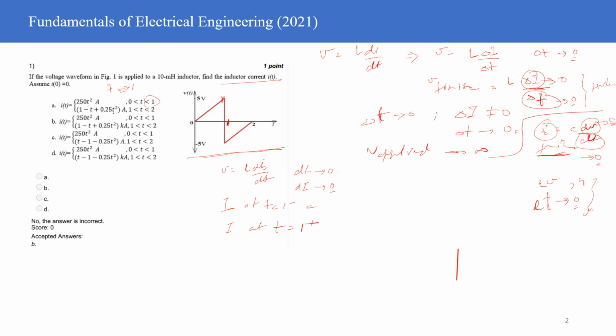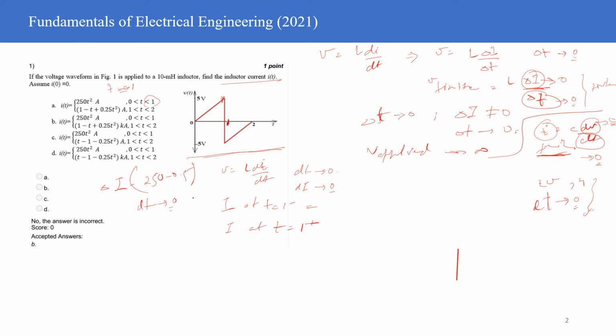So t is 1, it will have 0.25 amperes. Now is 0.25 equal to 250? No. Therefore, the left hand side t equal to 1 minus and the right hand side t equal to 1 plus are not the same, so there is a finite change in I. I changed from 250 to 0.25 in time delta t tending to 0.